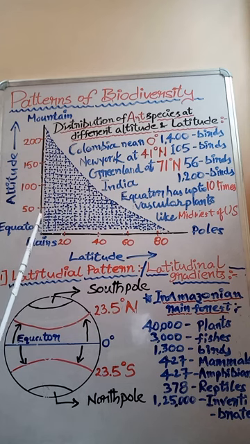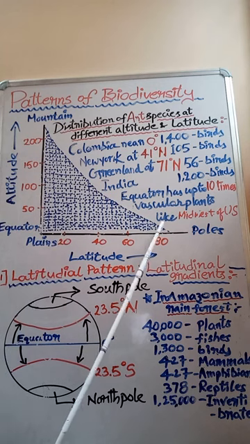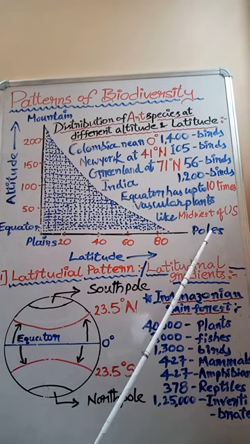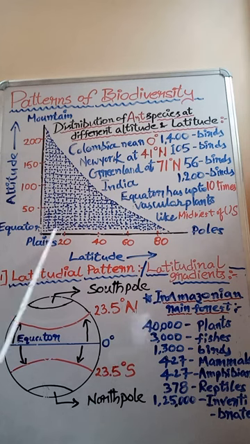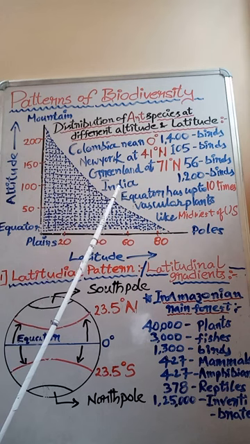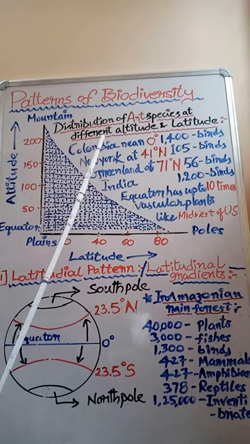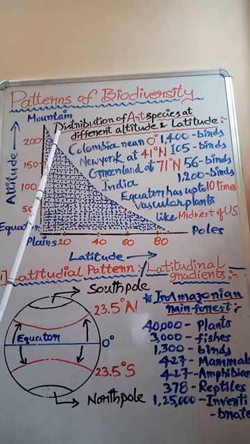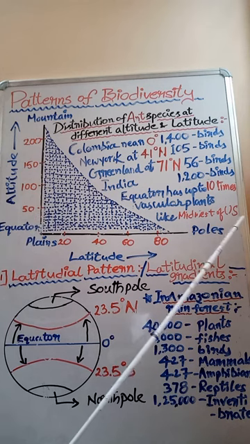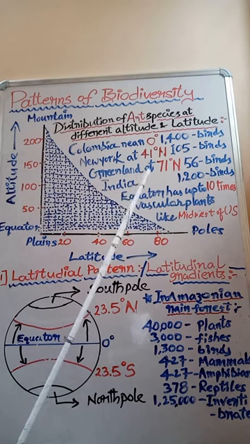Away from these places means from 0 degrees towards higher altitude and higher latitude. It means from plains towards poles, from the equator towards mountains, what will happen to species richness? It decreases. So this is the best explanation to understand how species richness decreases when we go away from the equator to other areas, poles and mountains.